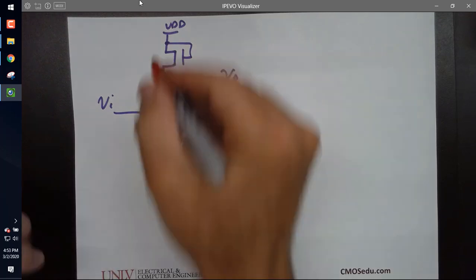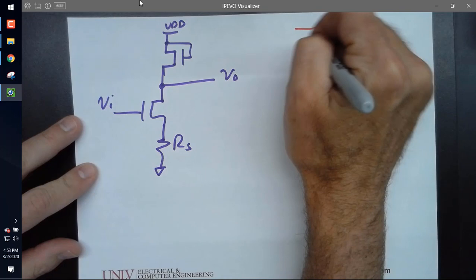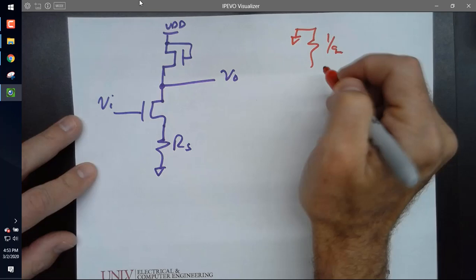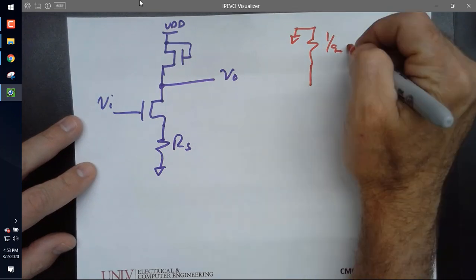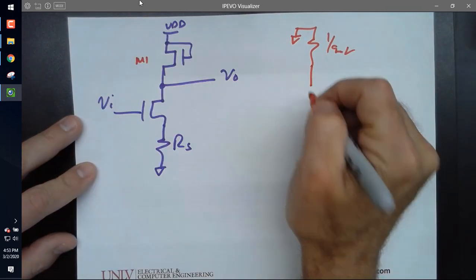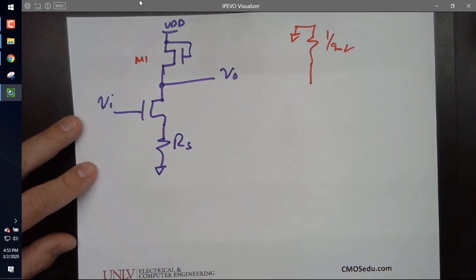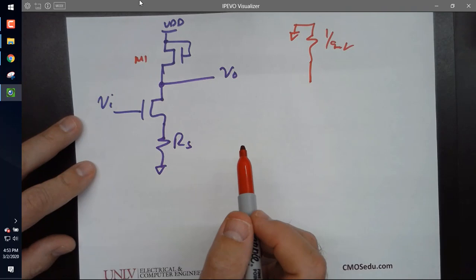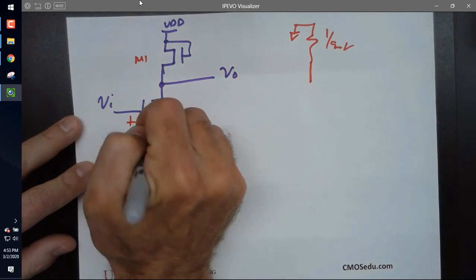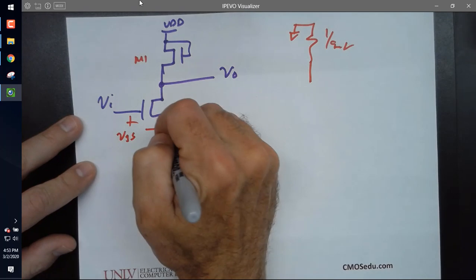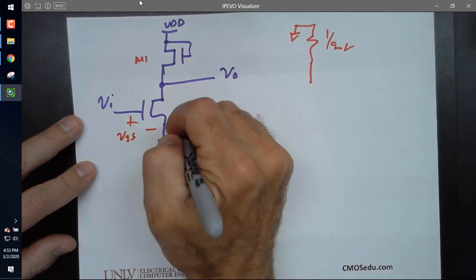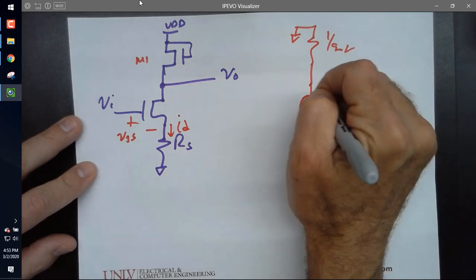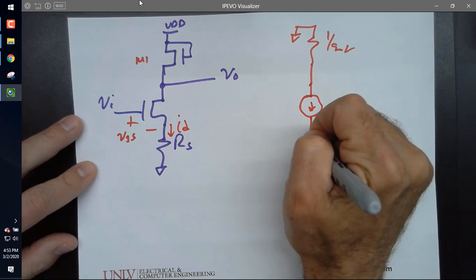Right, this is 0, so I've got my resistance, 1 over GM. I'm not going to worry about the R outs now. I could put them in if I wanted to. This is 1 over GM load. And now, do I still have VI equals VGS here? No. Here's the VGS. And what's the current flowing through there? It's ID. So I'm going to replace this, and this is where I do it, and it looks easy, and then you get on a quiz, and you're like, what the hell?